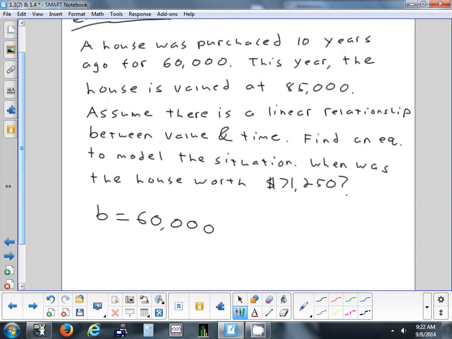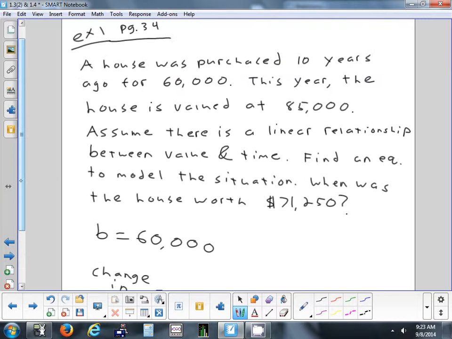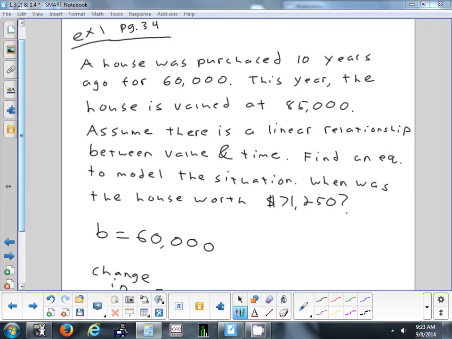Well, slope is rise over run, or change in y over change in x. Let's look at the change in y, which is the change in the value of the house over 10 years. The house went from 60,000 to 85,000. What's the change in the value of the house there? Sylvia?